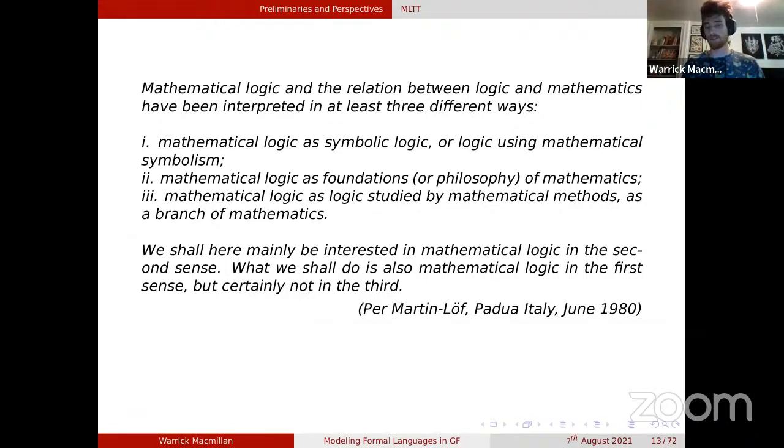What we shall do is also mathematical logic in the first sense, but certainly not in the third. I think this is an indication of the philosophical momentum behind Martin-Löf. We hope that this quote is elaborated and clarified in the writing of this thesis. I think it's a very deep way to start a presentation.